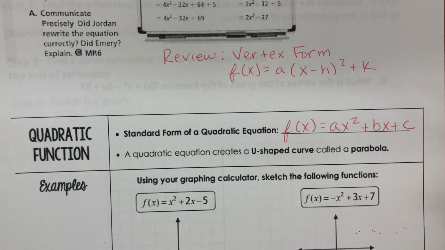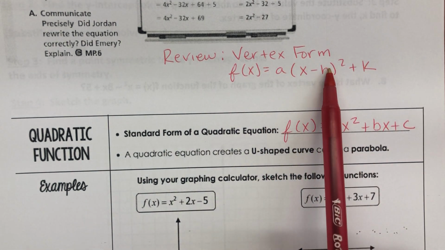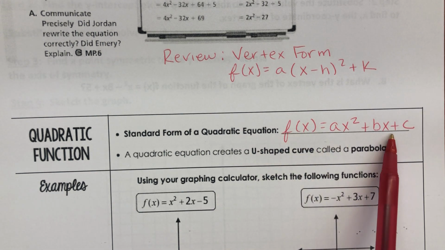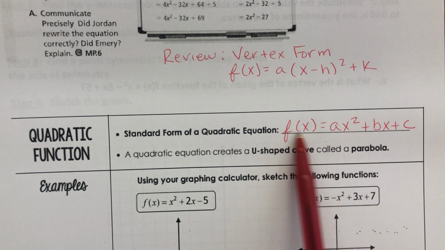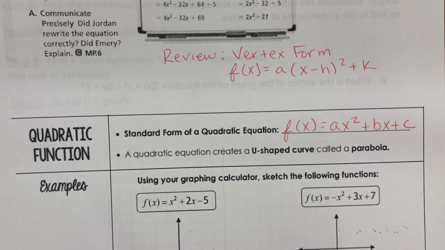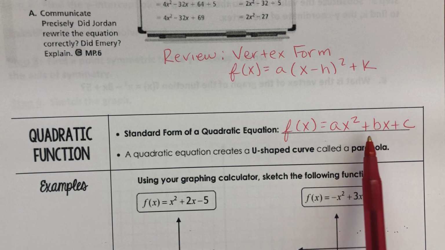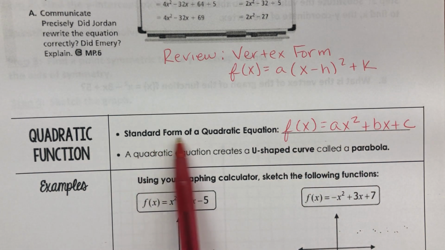If you remember in the last unit, we took the vertex form and converted it to standard form. Now we're starting with the standard form, and in this lesson we're going to learn how to find the vertex of this parabola and then how to graph this parabola given just the standard form.